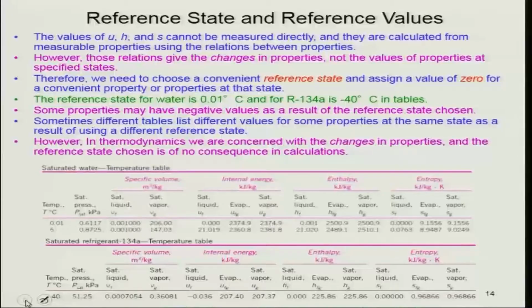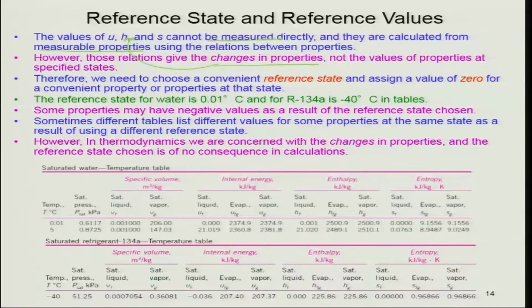They depend on these other properties which are measurable. This is defined by very sound thermodynamic relations, which tell us how to calculate the changes in such properties in terms of measurable properties. So changes in the properties which cannot be measured can be calculated using other measurable properties.